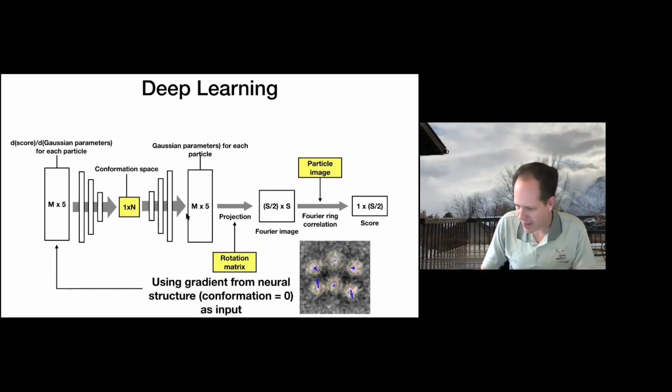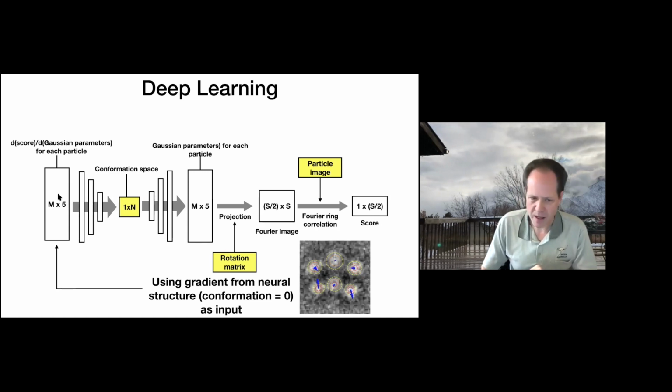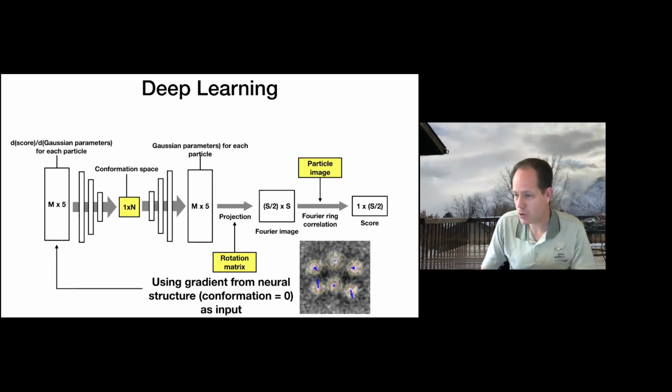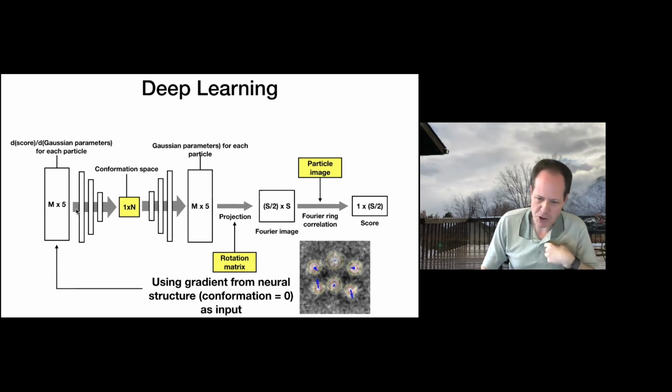I'm not going to try to explain it in detail, but basically you generate a set of m times 5 parameters, which are partial derivatives generated from each individual image in a known orientation. You put that as an input in here, and it goes through the network, and that produces the output here, which can be turned into a projection, which we can compare to each image, and then we train the network by backpropagation.